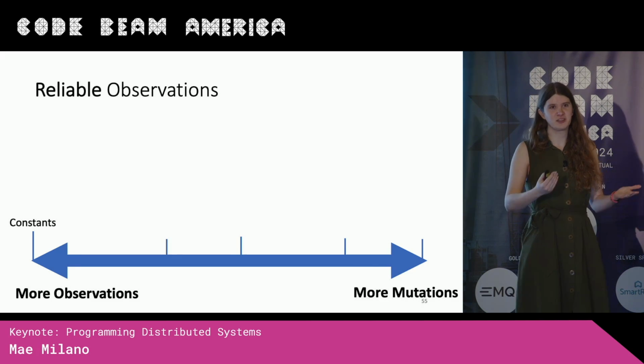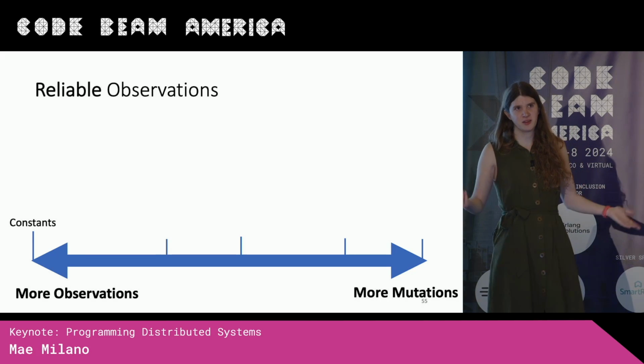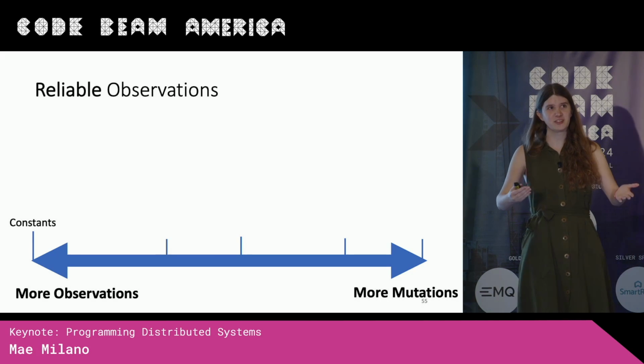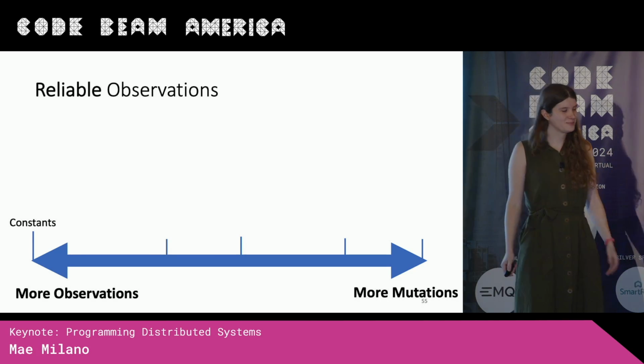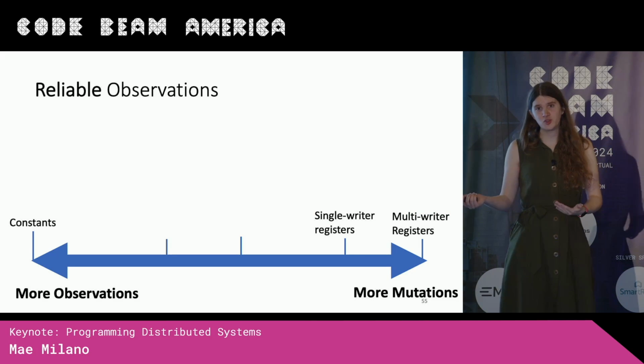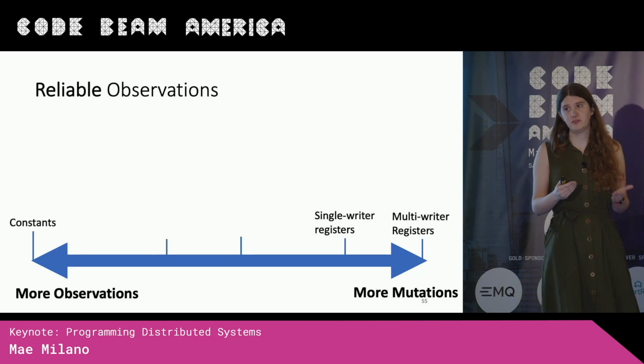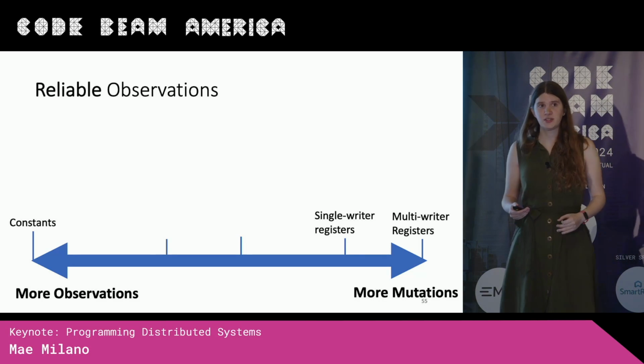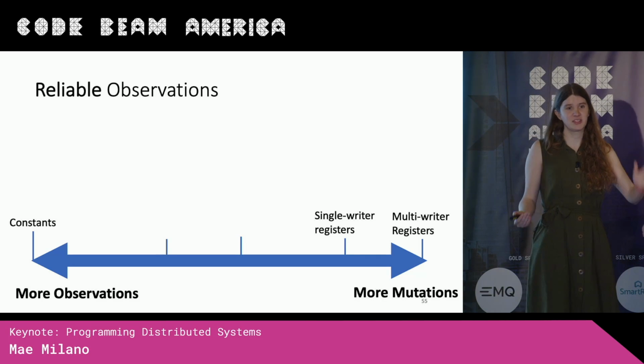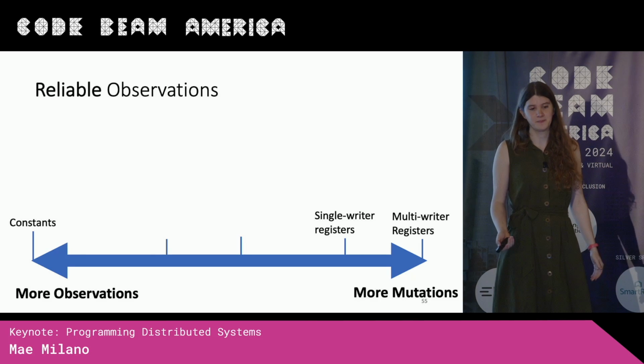I cannot affect the value 7. Ever since Python 3.1, I cannot affect true or false. On the other extreme, we have things like single-writer or multi-writer registers, values I can arbitrarily reset. And the moment I've written to that, I have no idea what it is anymore, because someone could have come in a millisecond after me.